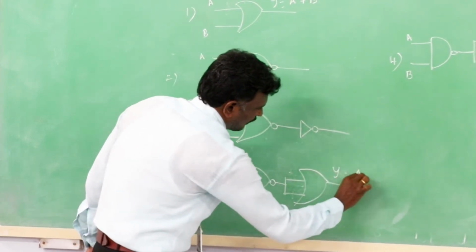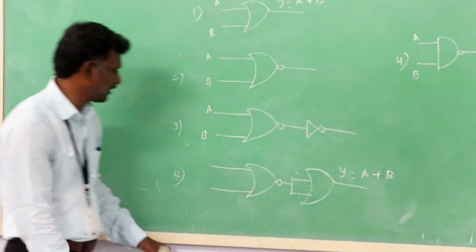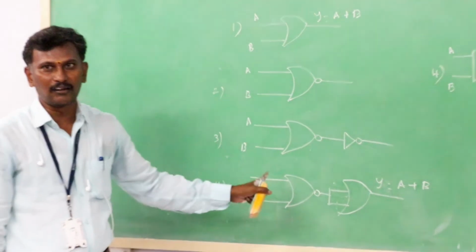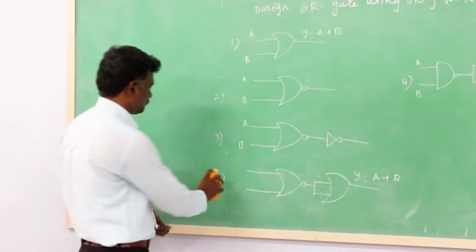Y equal to A plus B. So this is for realizing the OR gate using only NOR gates. So this is the best example of universal gates.